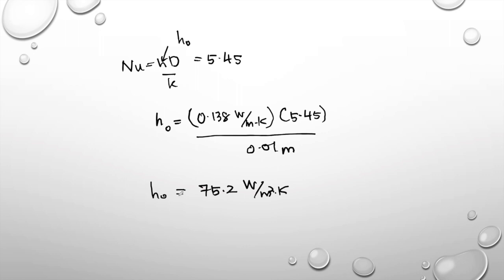Okay. Now you already have your hI and h out. Then substitute into 1 over U equal to 1 over h out plus 1 over hI.